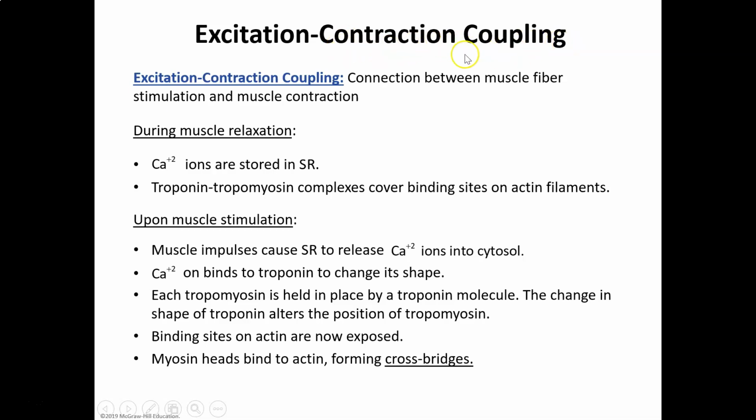That is a coupling. If you do not have excitation of the muscle cell membrane, you do not get contraction. Let me repeat that again. If you do not get excitation from the outside of the muscle, you do not get contraction. So if you slice the nerves going to any skeletal muscle, you do not get an excitation going to those muscles, and those muscles do not contract when you tell them to.